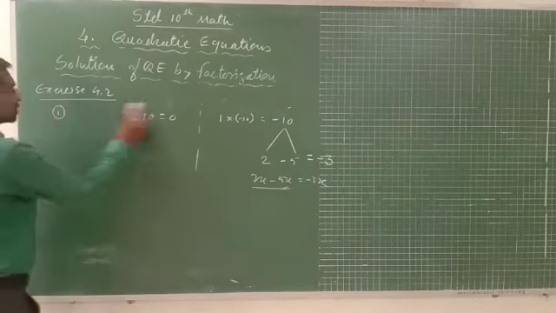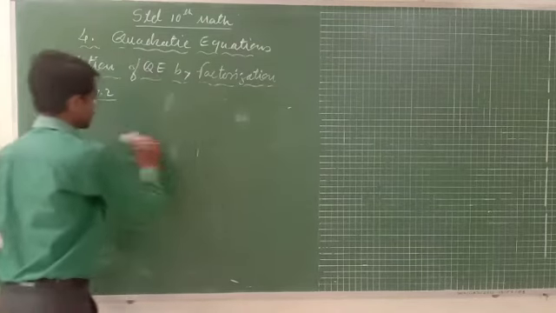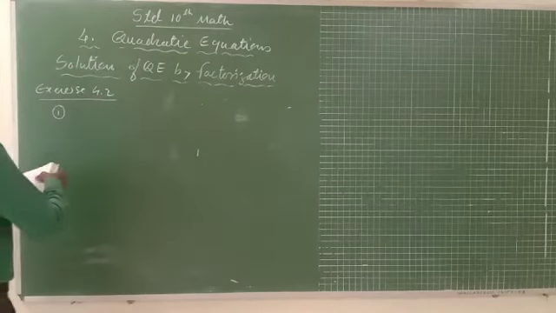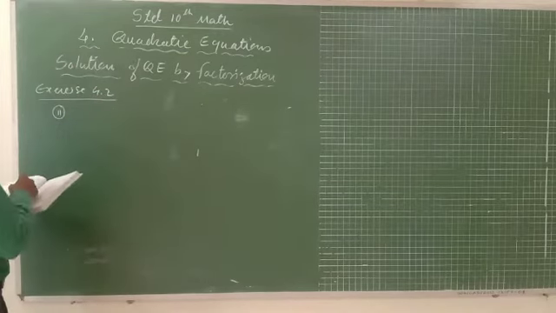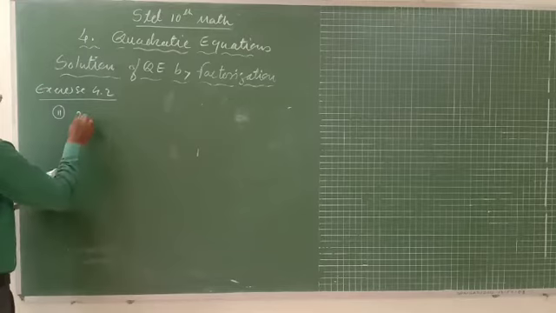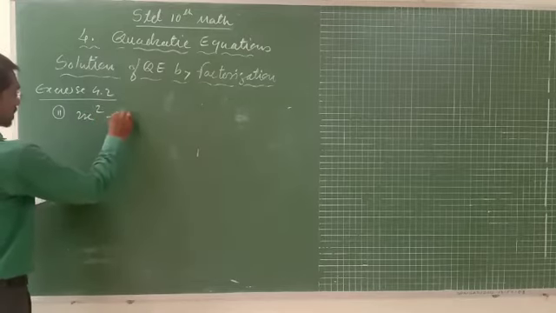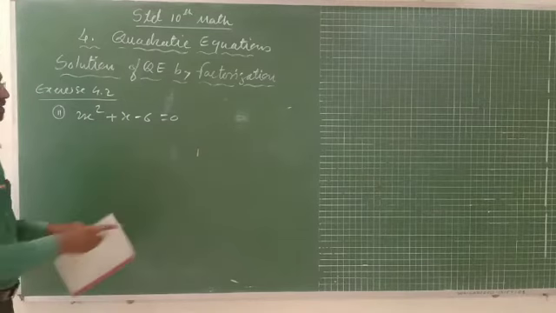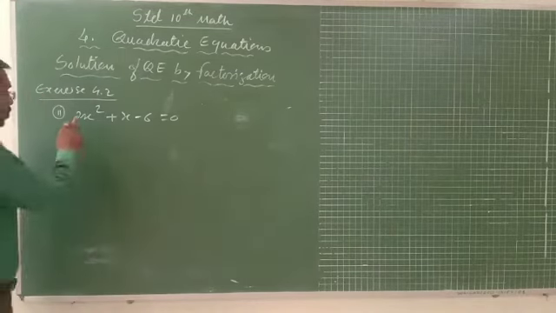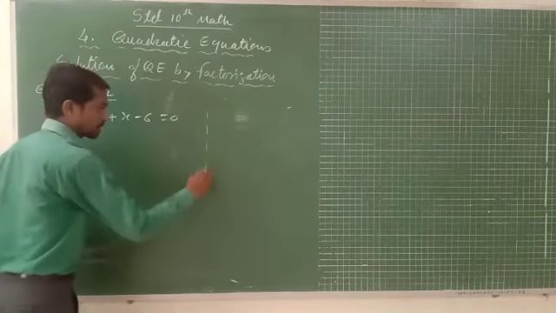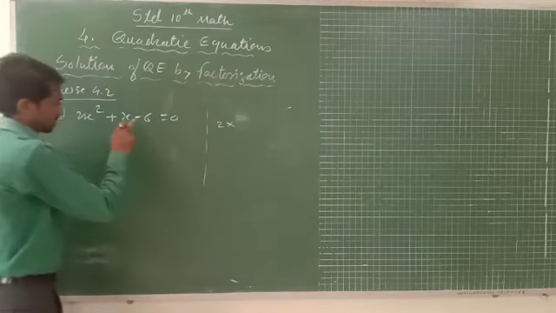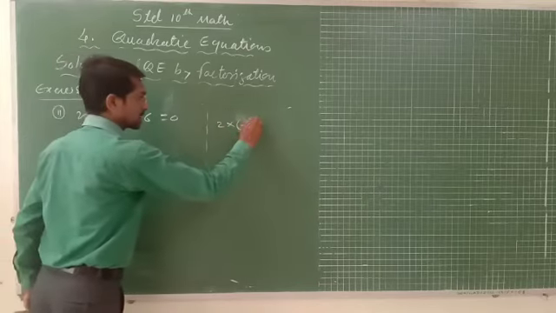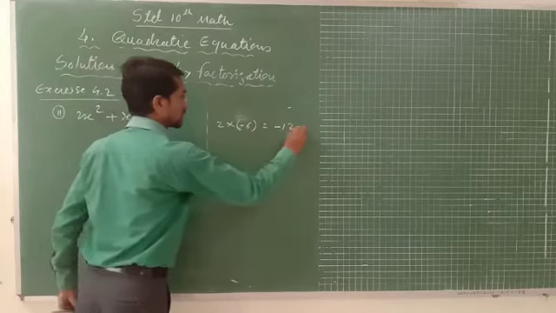Question number 2. 2x square plus x minus 6 is equal to 0. Again here, what to do for this one? Coefficient of x square, that is what? 2 into constant minus 6 is equal to minus 12.